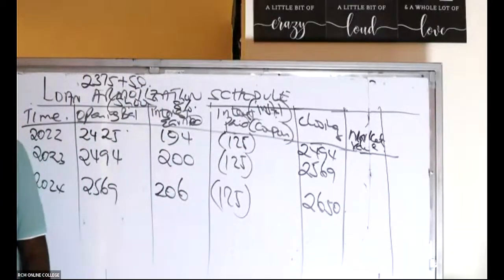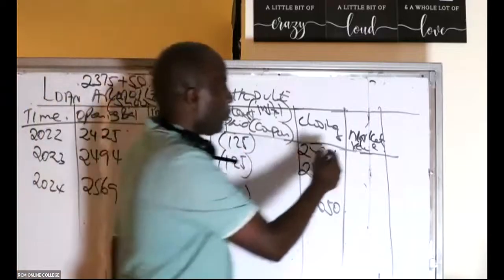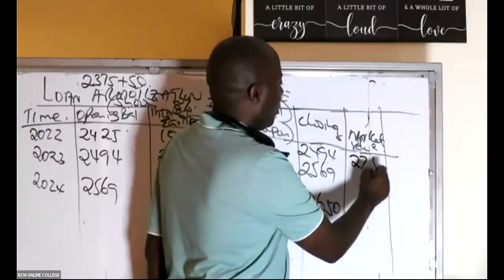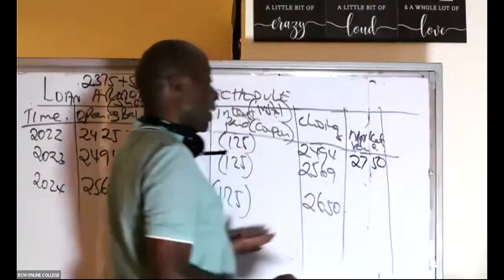At the end of year one, is there somebody who is able to see the fair value? Well, it's given there. There's a table there. The fair value is 2750, isn't it? So here we have 2750. This is the figure that will go to the balance sheet.